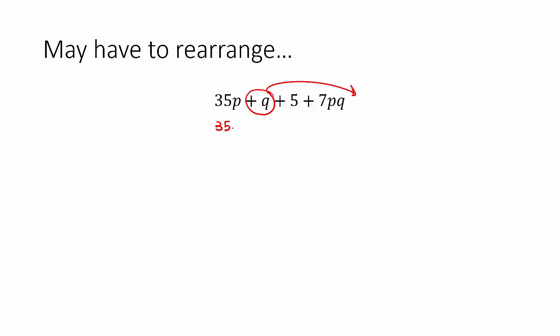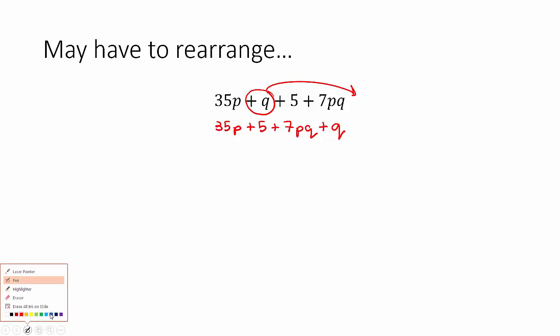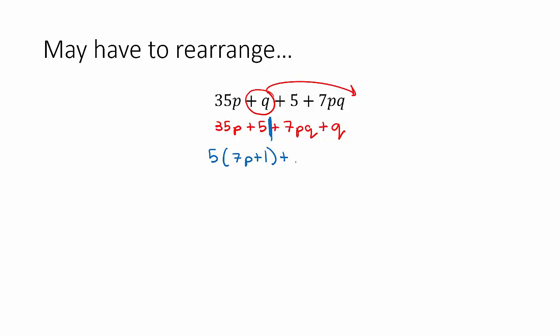So that'll give us 35p plus 5 plus 7pq plus q. Just changing the order, hoping that that behaves better for us in our grouping. Now on the left side, we have a 5 in common. Pulling that out, we end up with 7p plus 1. And on the right side, we have a q in common. Pulling that out, we have 7p plus 1.